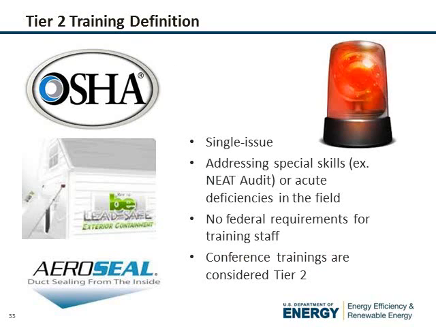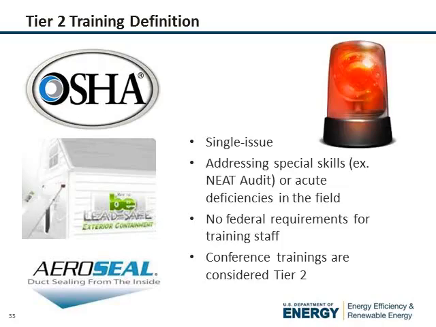So Tier 2 training is there to address all of the things that fall outside of that regular comprehensive training. These are usually single issue trainings, and they're addressing things that fall outside of the job task analysis but are needed anyway. So OSHA 10 is a good example, not necessarily called out in the job task analysis itself but required.